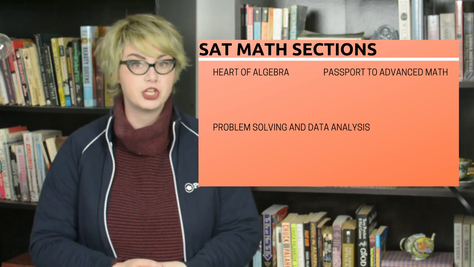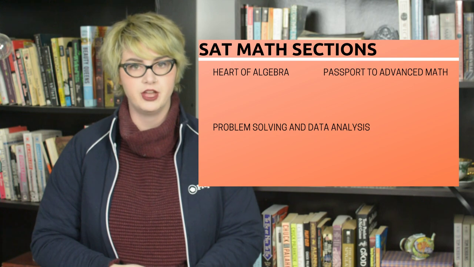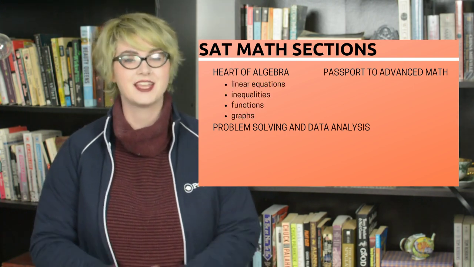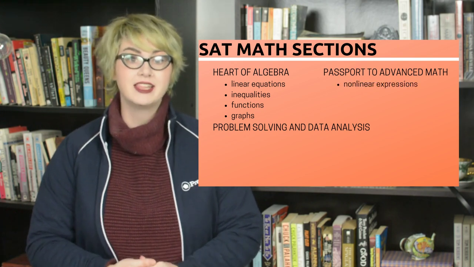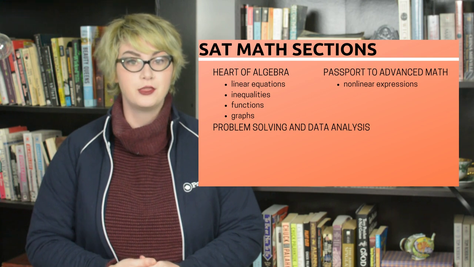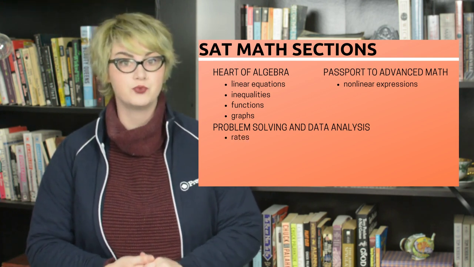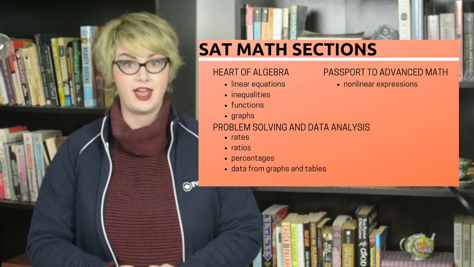The first section, Heart of Algebra, is going to cover, as you might expect, the basics of algebra, things like linear equations, inequalities, functions, and graphs. The second category, Passport to Advanced Math, covers nonlinear expressions, and the third section, Problem Solving and Data Analysis, covers rates, ratios, percentages, and data from graphs and tables.